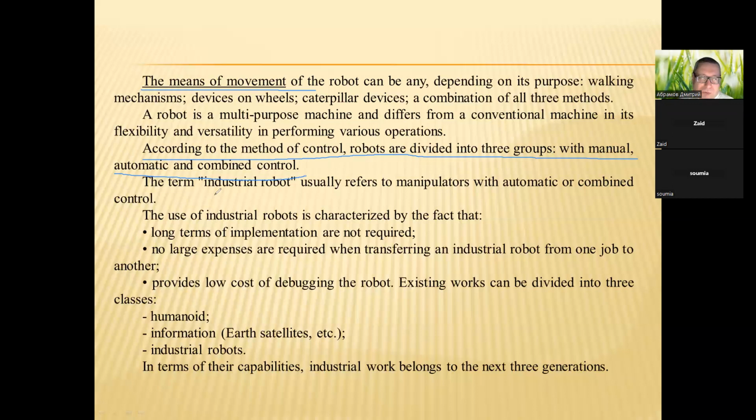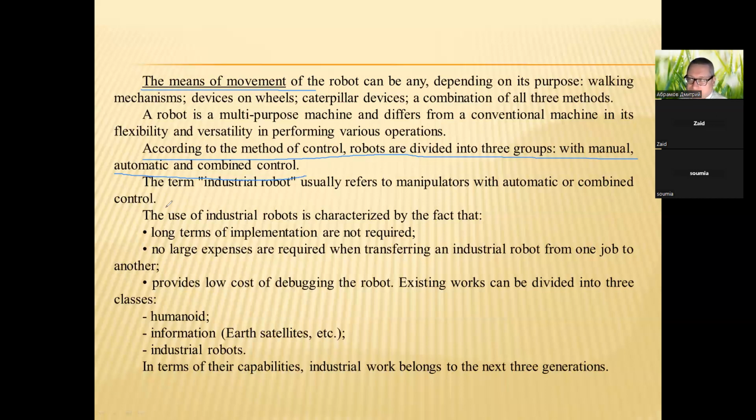The use of industrial robots is characterized by the fact that long terms of implementation are not required. No large expenses are required when transferring an industrial robot from one job to another. Provides low cost of debugging the robot.